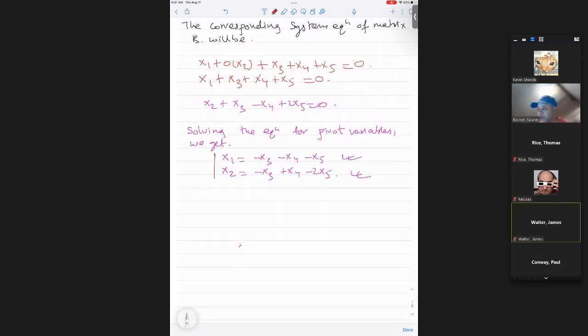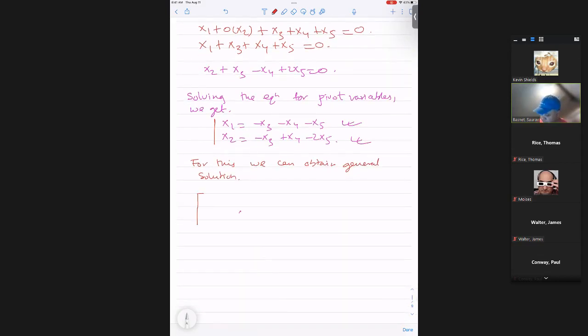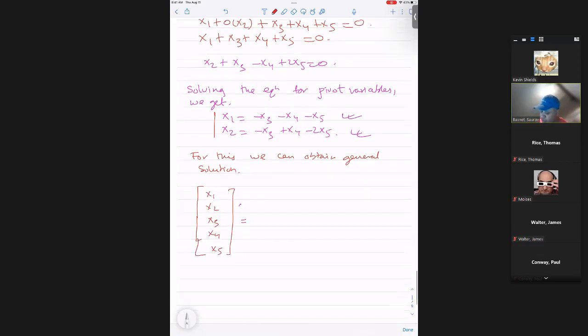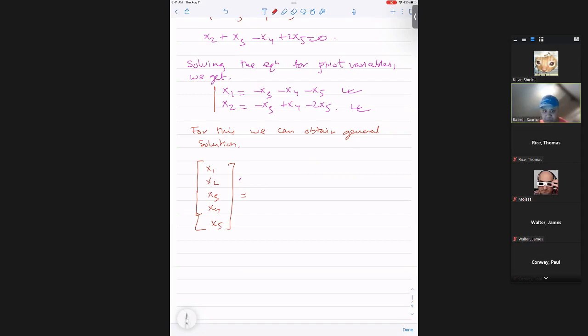So now to find the general solution, that is x1, x2, x3, x4, x5. We already have x1 and x2. Since they're pivot variables, we have three independent variables: x3, x4, x5.